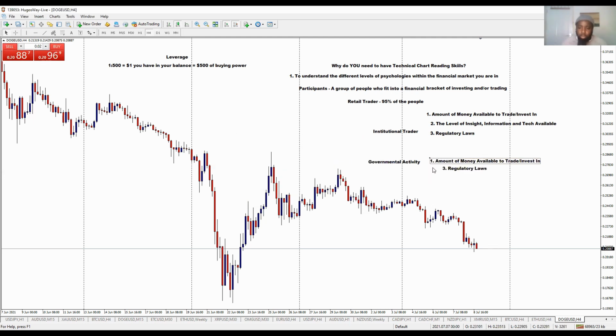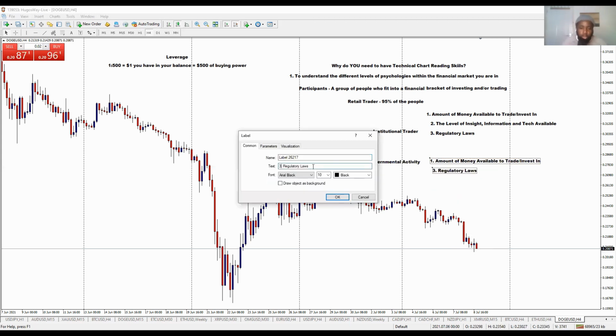Now, regulatory laws: there's another term higher than regulatory laws. When you hear me use that term, especially my students who know, we're talking about companies. But there is another type of law, which is governmental law, or what is called fiscal policy.